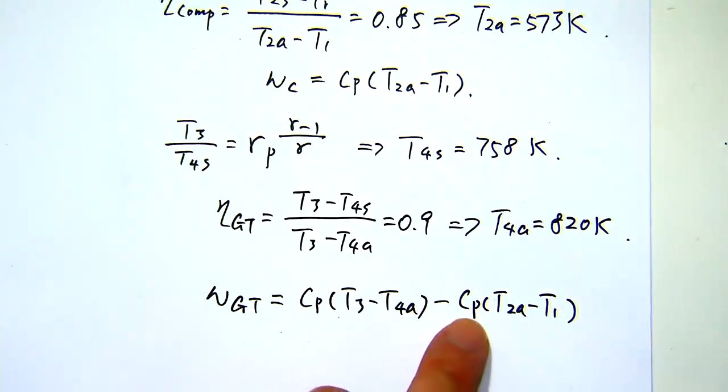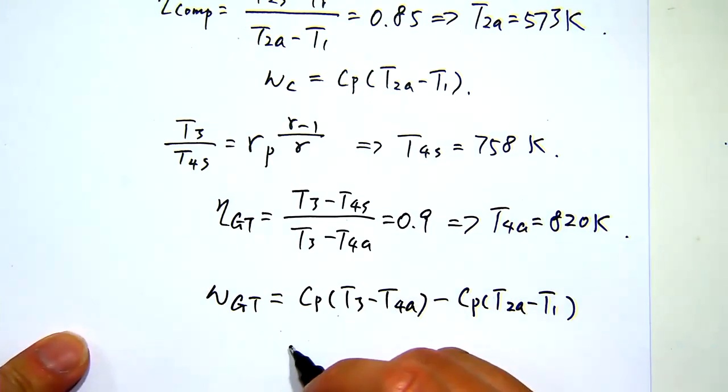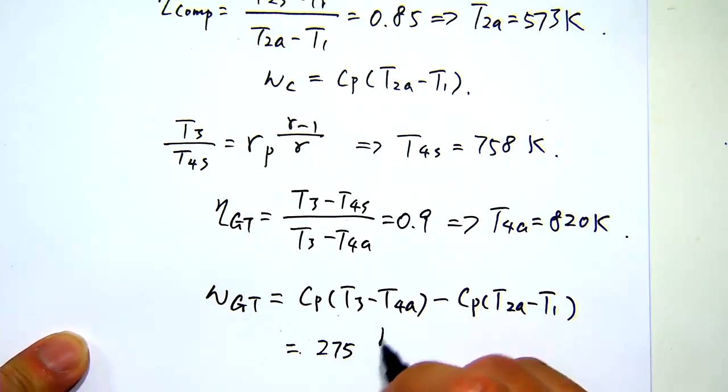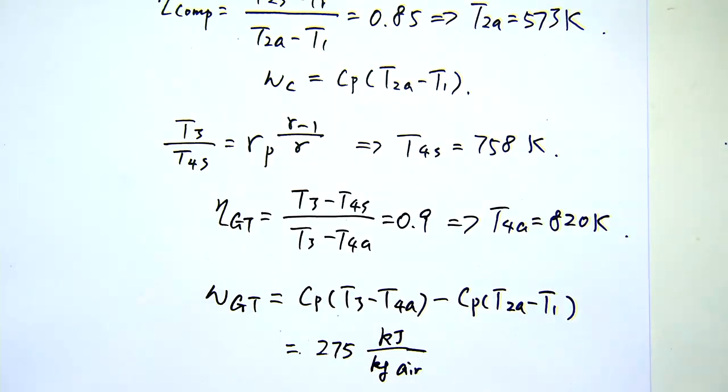The Cp is given, and then you will have the value of 275 kilojoule per kilogram of working fluid, which is air. Yeah, all right, I have to stop here. Let's continue tomorrow.